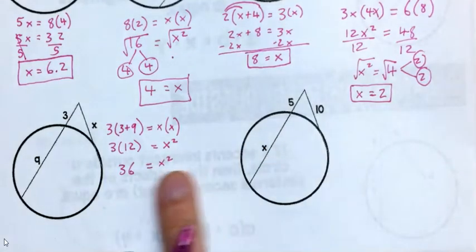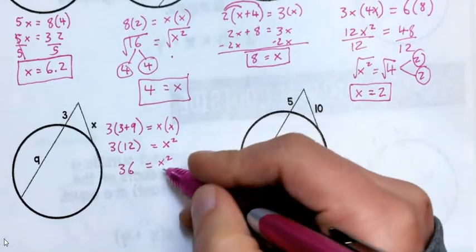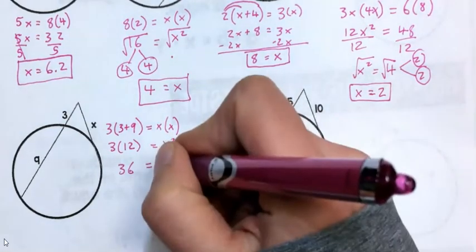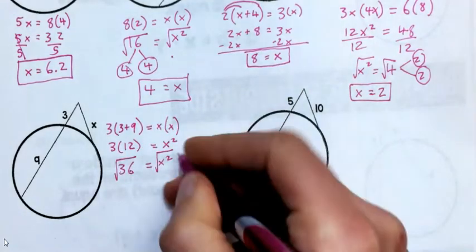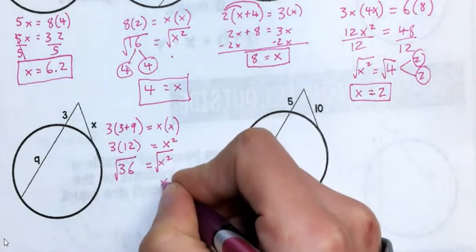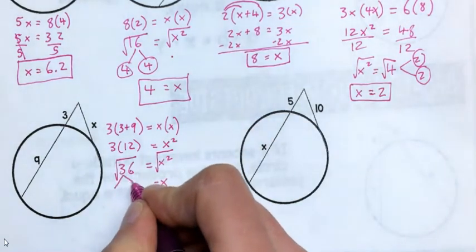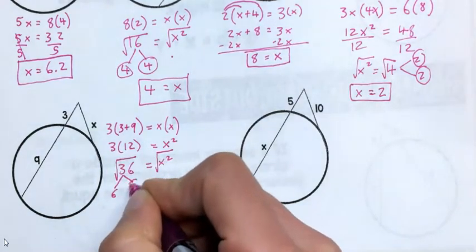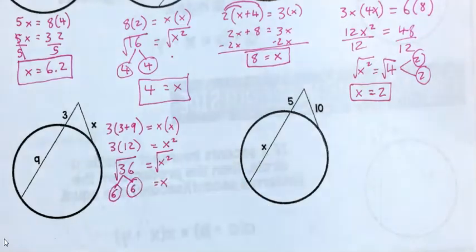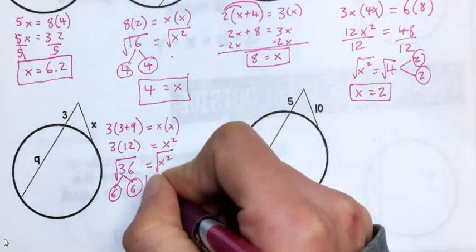Now I'm solving for X, not X squared. So how do I find just X instead of X squared? I have to take the square root of both sides. The square root of X squared is X. What about here? 36 can be split into 6 times 6. We've got a pair of 6's, and they both come outside the box. Does anything stay inside the box? Nope. So X equals just 6.